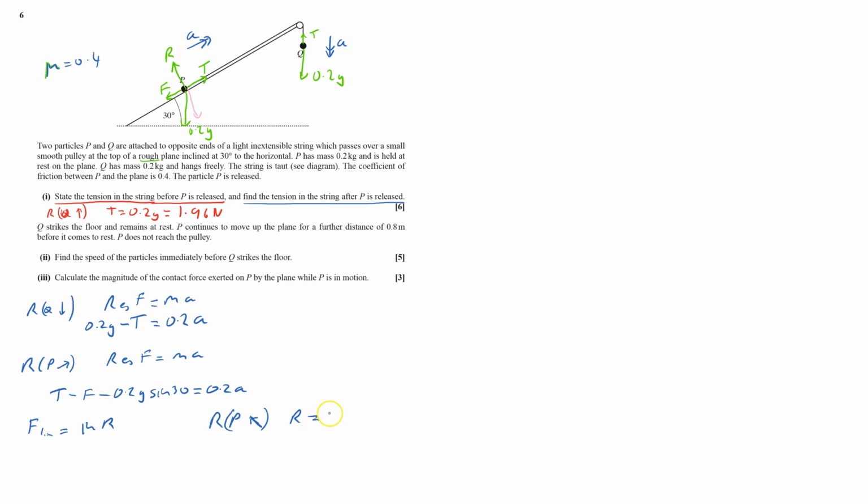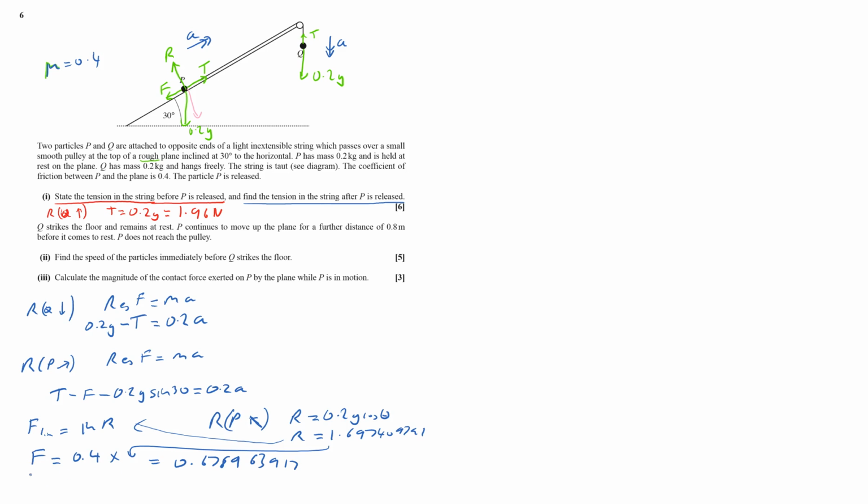So R equals 1.6974097191. Then put that into the F limiting. That says F equals 0.4 times that number, which equals 0.678963917. So now I know what F equals.